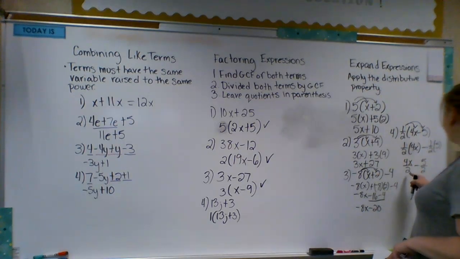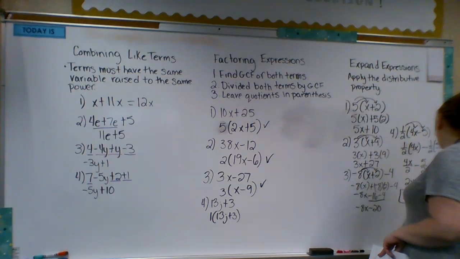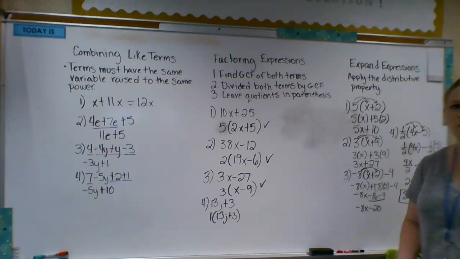I can simplify this. 4x divided by 2 is 2x, minus 5/2. And 5/2 would be 2 goes into 5 twice with 1/2 left over. So 2x minus 2 and 1/2.